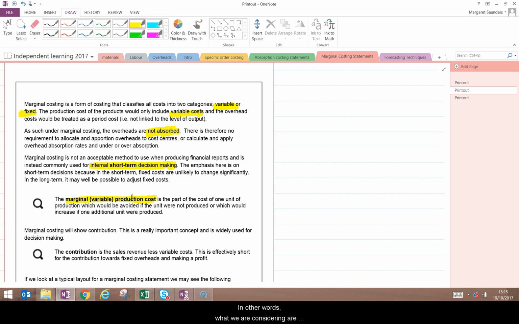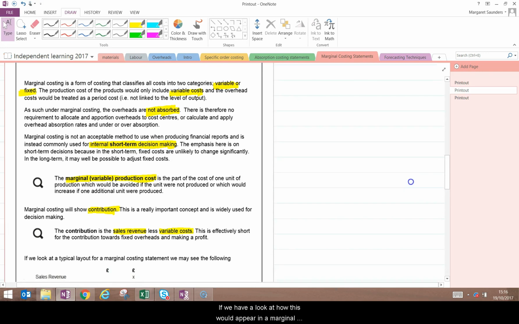So in other words, what we are considering are purely the variable costs of production. Another term that you will come across with marginal costing is contribution. Contribution is the difference between the sales revenue and the variable costs.